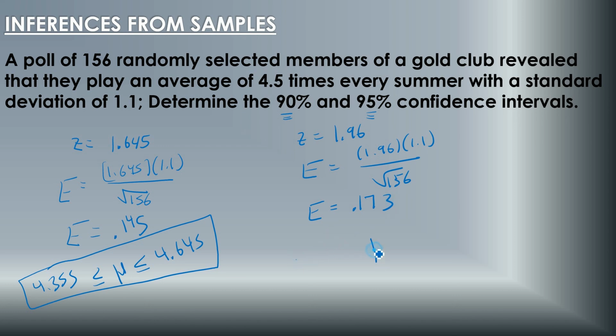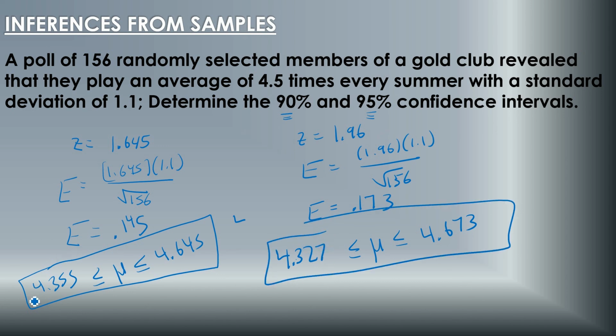So that means my interval is between 4.673 and 4.327. And there is my interval. Okay, that wraps this up.